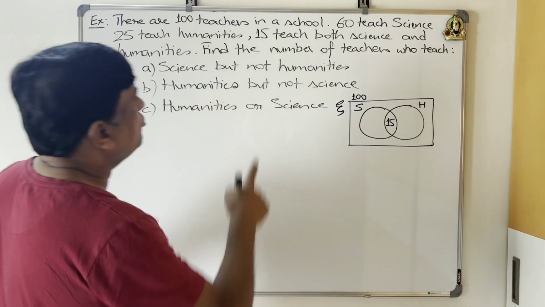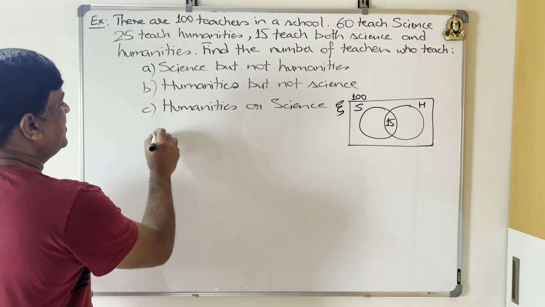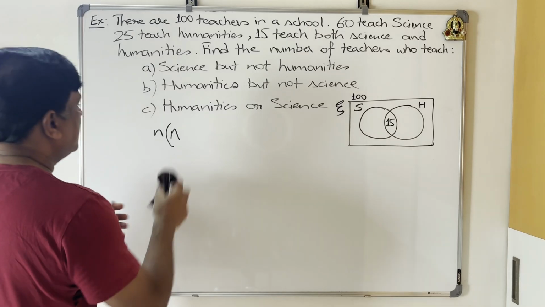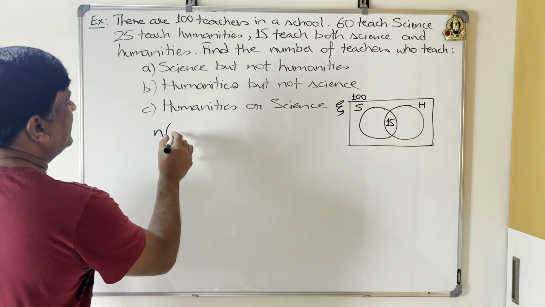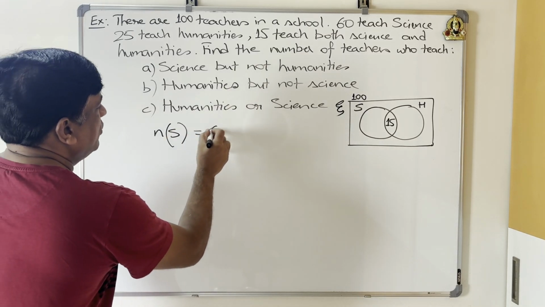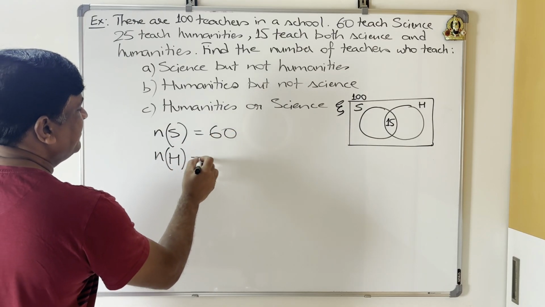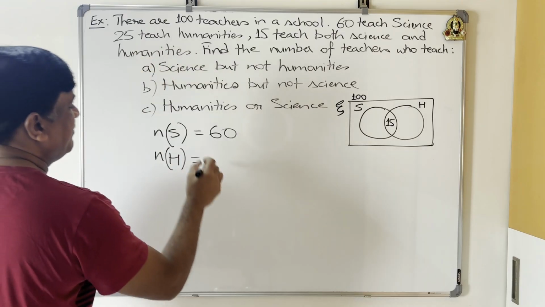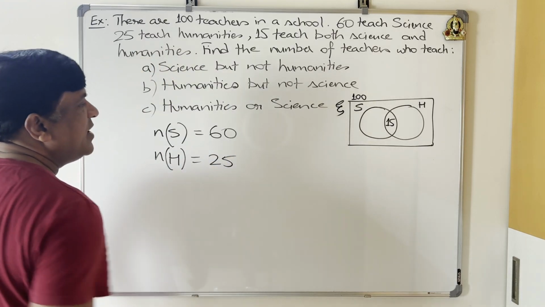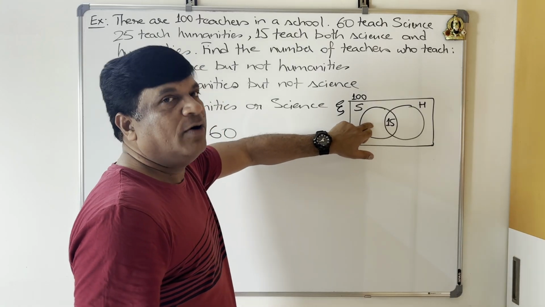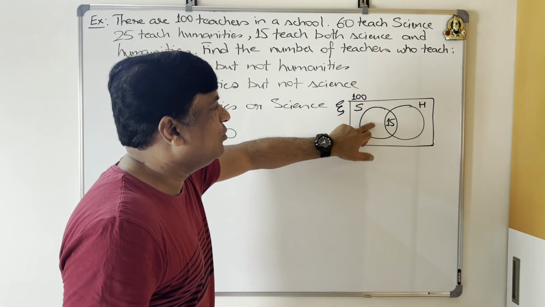They told us that 60 teach science, so n of S, the cardinal number of the science teachers, is equal to 60, and the cardinal number of the humanities teachers is equal to 25. Can I put 60 over here directly?